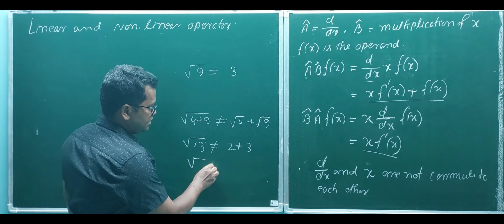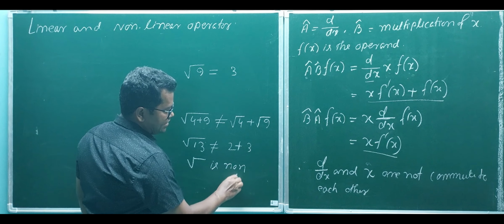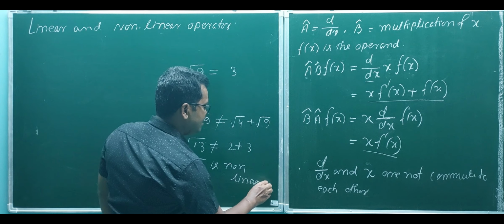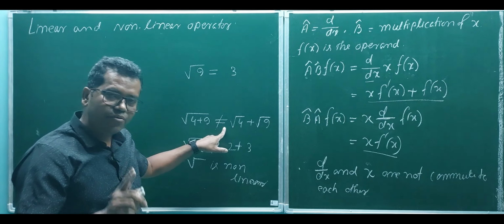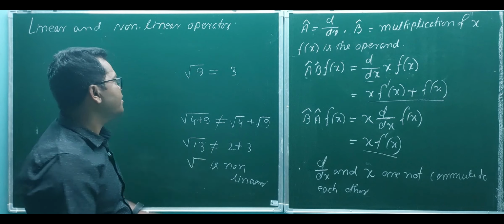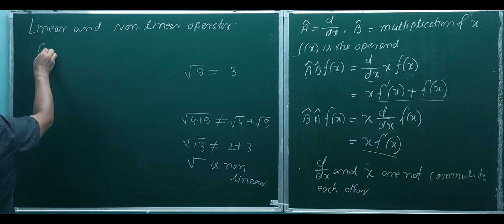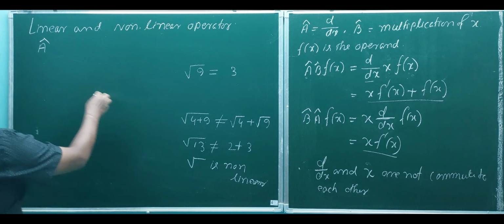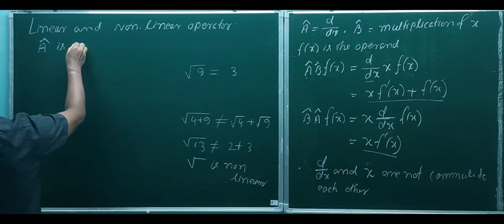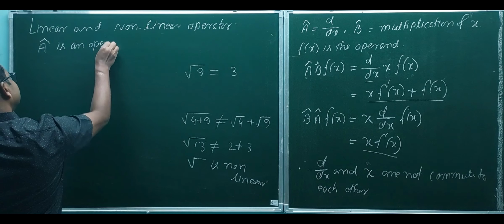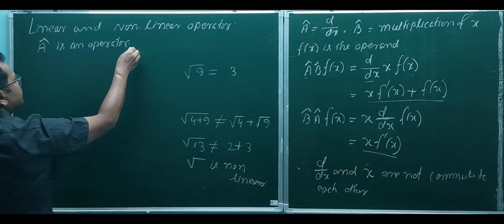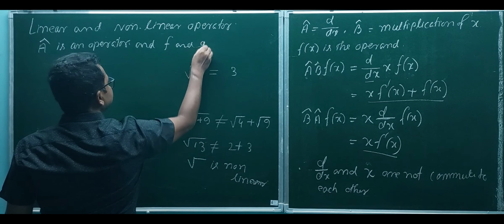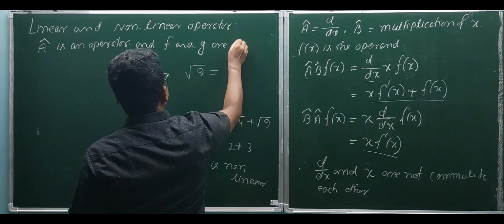So root over is a non-linear operator, but when it is equal, it is a linear operator. Suppose A cap is an operator, and f and g are the operands.